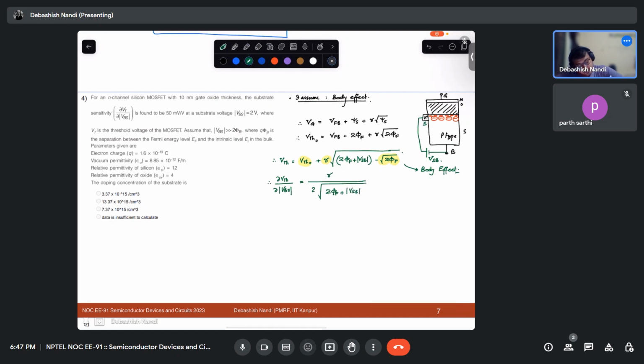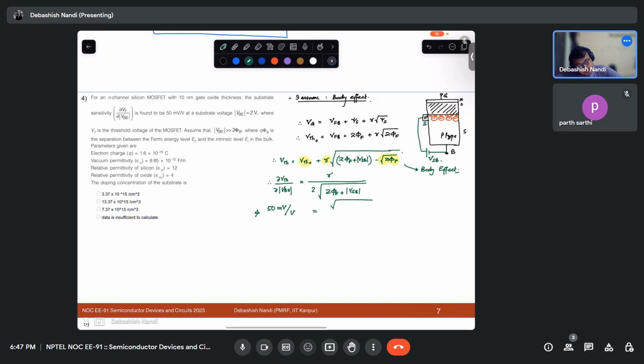Okay. So what about your delta VTH over delta VBS? This is given as 50 millivolt per volt.